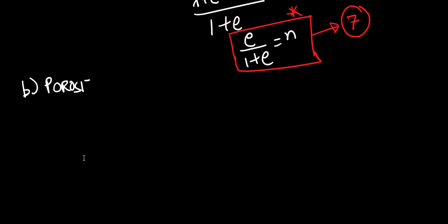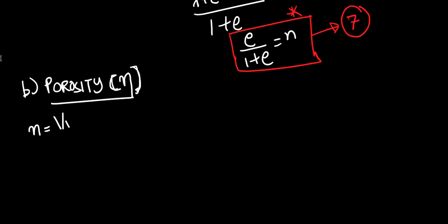We represent porosity by eta, or you can also represent it as n, because it is a variable, you can take anything. We know that n is equal to volume of void upon total volume of soil sample. This is the most basic formula of porosity.